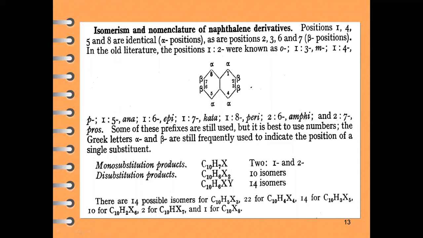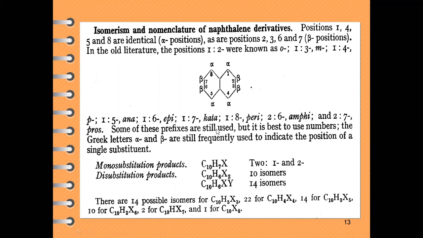Just for information's sake, we have discussed this. Some of these prefixes, that is ortho, meta, para, alpha, beta, are still used. Yesterday, when the structure of alpha naphthol, or 1-naphthol, came up, I pronounced it as alpha naphthol.